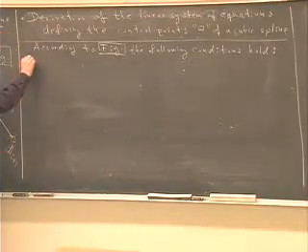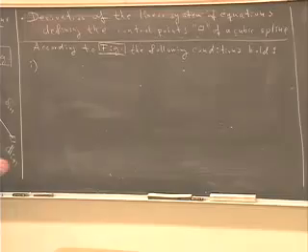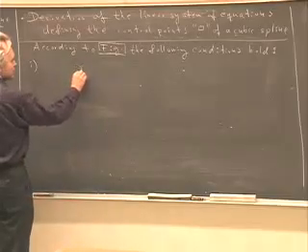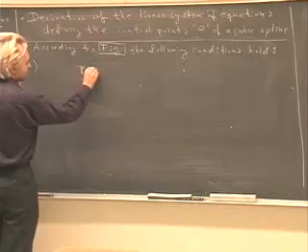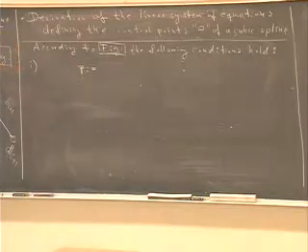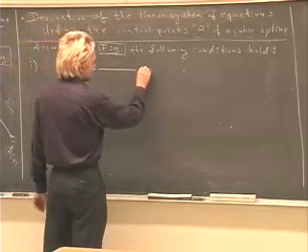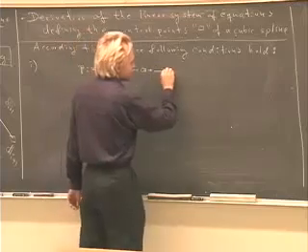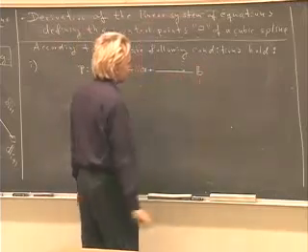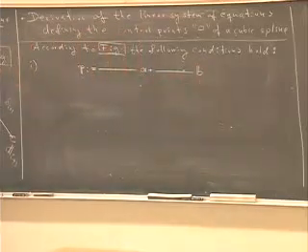Okay, let's see. 1. Pi equals something times A plus something times B. What are the ratios in front of it?